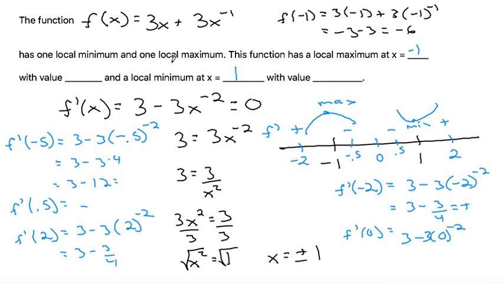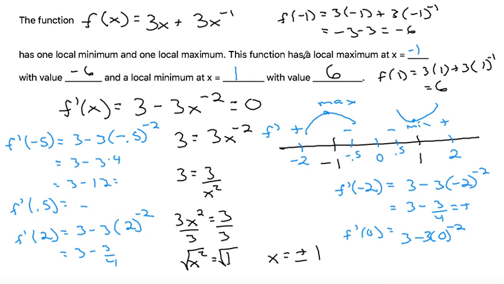So at -1, that's our maximum, which is at -6. And then for f of 1 is 3 times 1 plus 3 times 1 to the -1, which is just 1. So this would make 3 plus 3, which is 6.